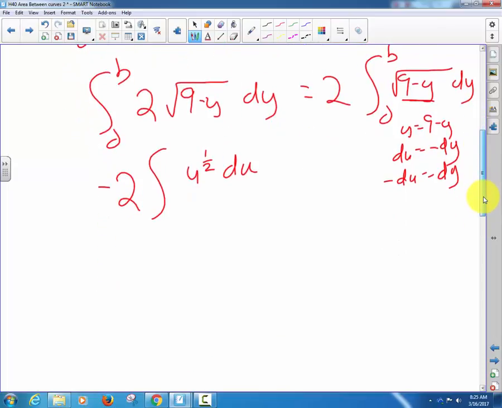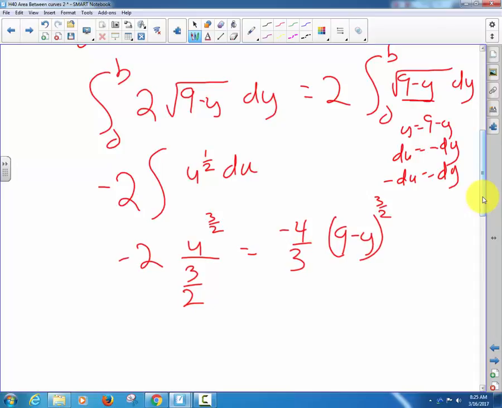Well, u to the 1/2, if we integrate that, becomes u to the 3/2 divided by 3/2, which becomes negative 4/3. Substituting back in 9 minus y to the 3/2, and we've got to evaluate that at 0 and b.